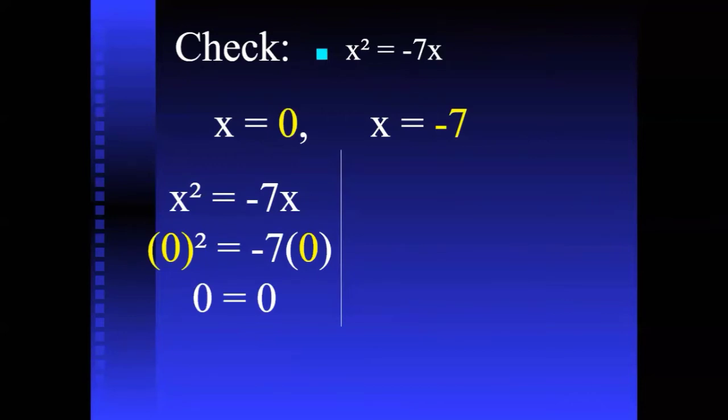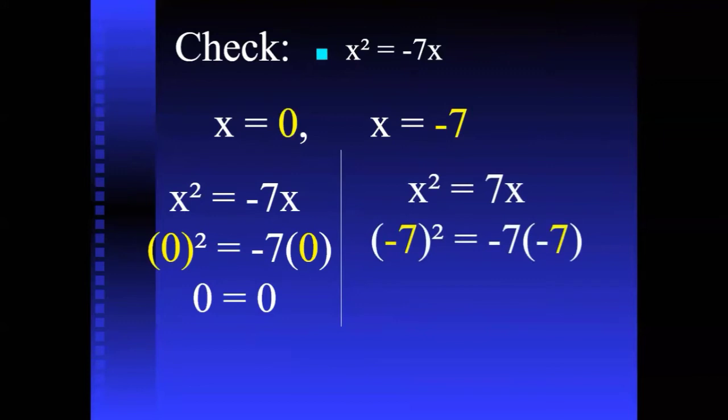If x is negative 7, we need to substitute. It becomes negative 7 quantity squared is equal to negative 7 times negative 7, and that is 49 is equal to 49.